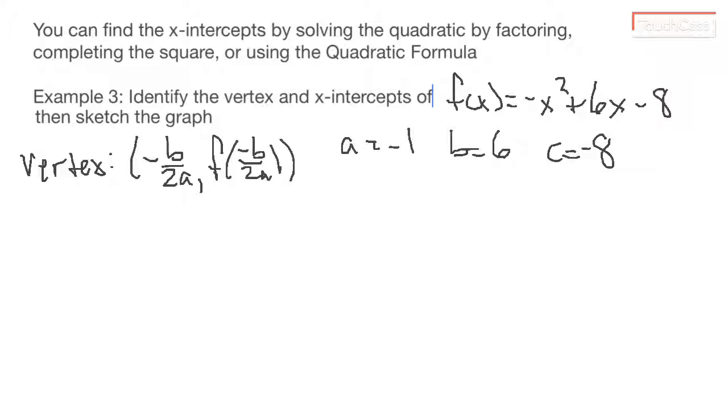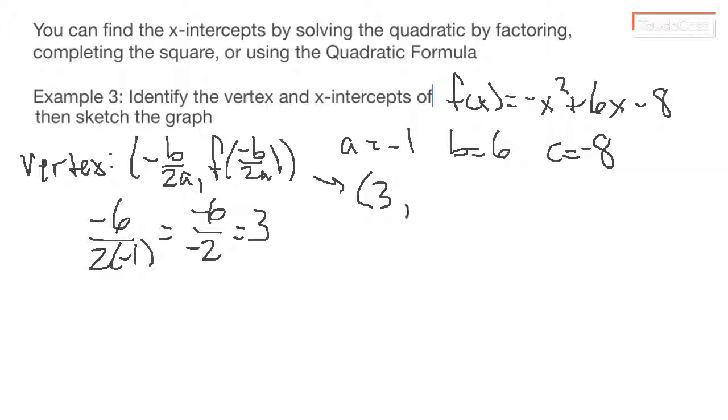So let's find that vertex. We're going to have negative 6 over 2 times negative 1. 2 times negative 1, that's negative 2. Negative 6 divided by negative 2, that's 3. So we've got the first part of our vertex, our x-coordinate.